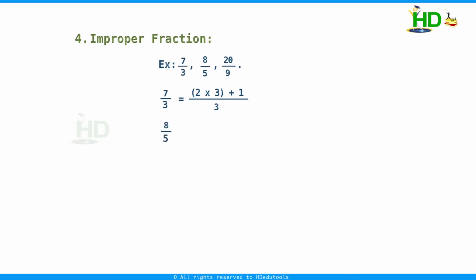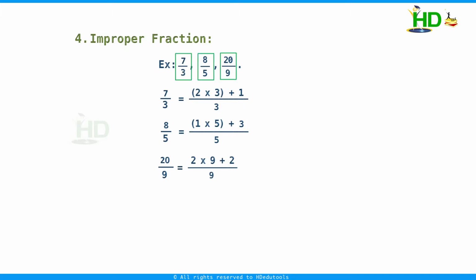Therefore, 8/5 can be written as 1 into 5 plus 3 divided by 5. In this fraction, the numerator 20 has two 9's and 2 parts of 9. That is, 20/9 can be written as 2 into 9 plus 2 divided by 9.